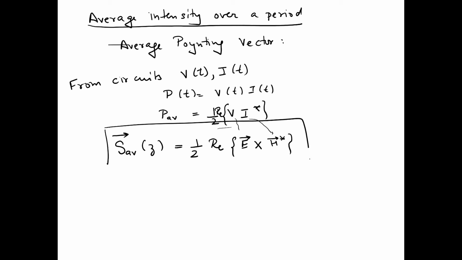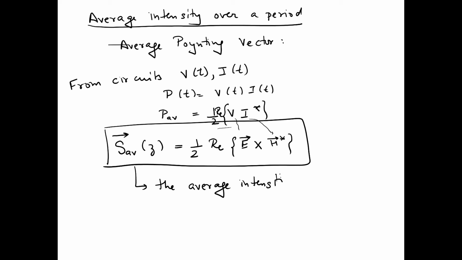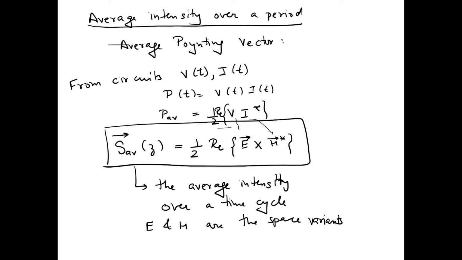This gives you the average intensity over a time cycle carried by the wave. And this E and H are the space variance only. We have removed the time component out of here. This is how they are changing in space.